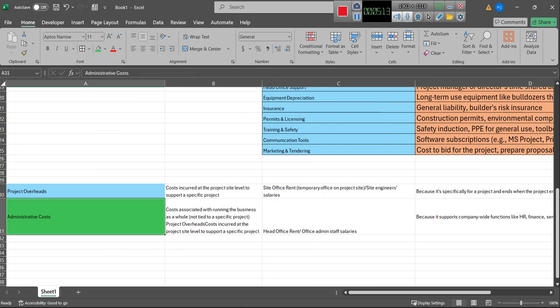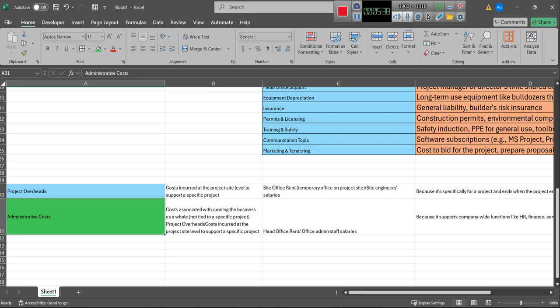Administration costs are costs associated with running the business as a whole.